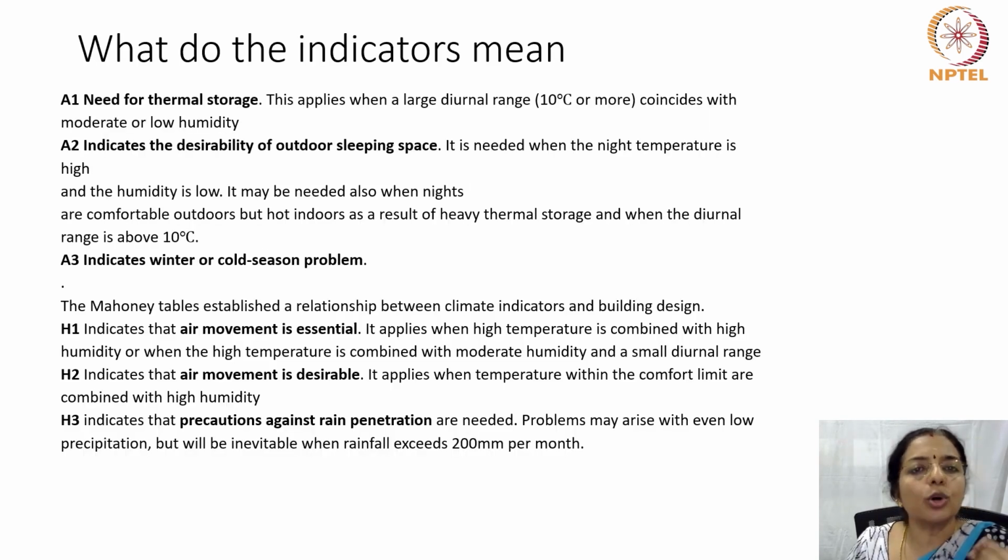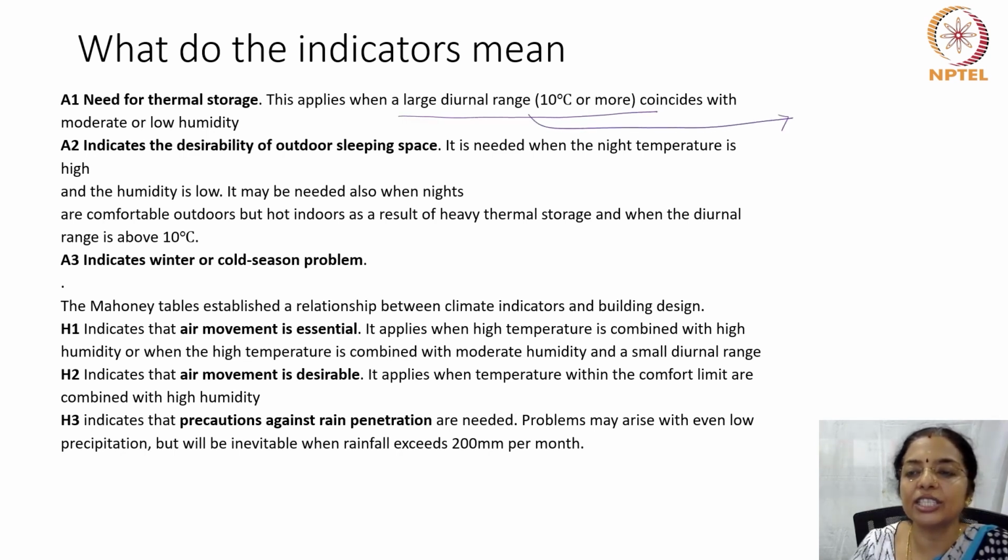So what do these indicators mean? A1 means there is need for thermal storage. So this applies to places which normally have large diurnal range. What is large diurnal range? Difference between day and night temperature is called diurnal variation.